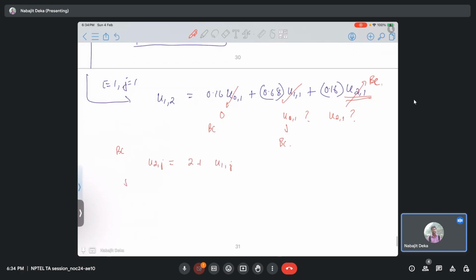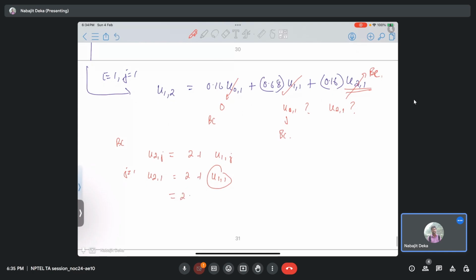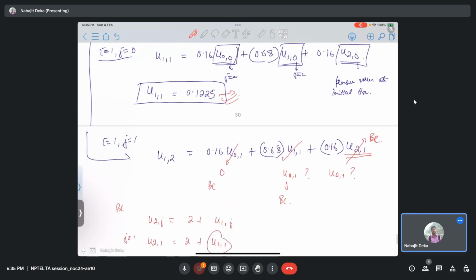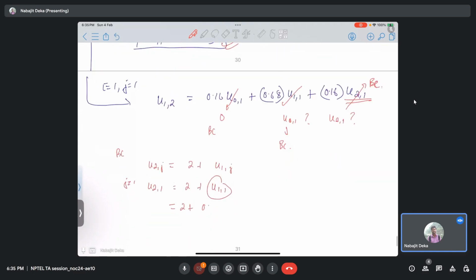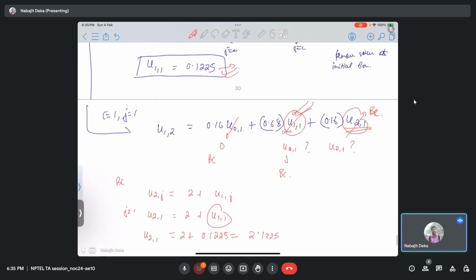So put j equal to 1, u(2,1) will be 2 plus u(1,1), and u(1,1) we know, we have found out here, it is 0.1225, so it will be 2.1225. So these two values we got, this is the boundary condition, this is the boundary condition.